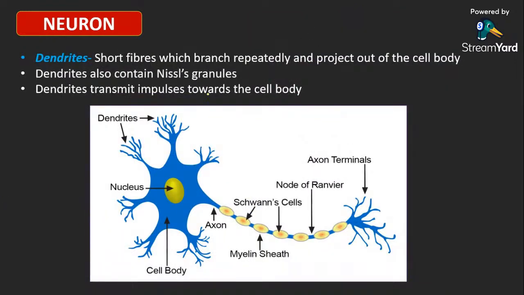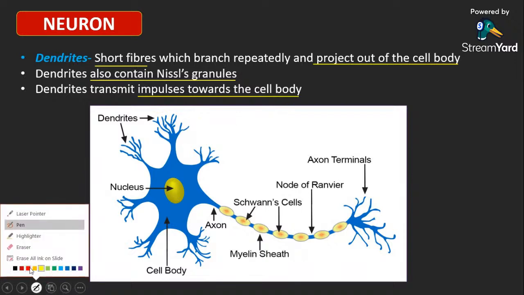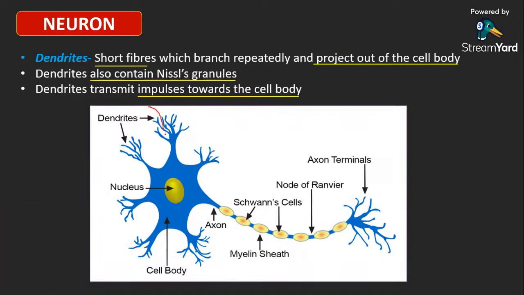What are dendrites? They are short fibers which branch repeatedly and project out of the cell body. So small fibers which branch out and project out of the cell body, you will call the dendrites. Dendrites will also contain Nissl's granules. Dendrites transmit impulses towards the cell body. So they collect all the impulses coming in and transmit them to the cell body.